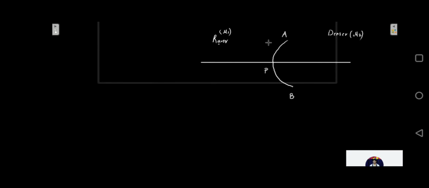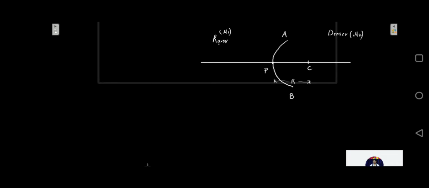Let P be the pole over here. C is the center of curvature, so let me mark the center of curvature over here, and R is the radius of curvature. So distance PC is going to be the radius of curvature R. Let us mark that also. This distance from here till C is going to be the radius of curvature, which is R.